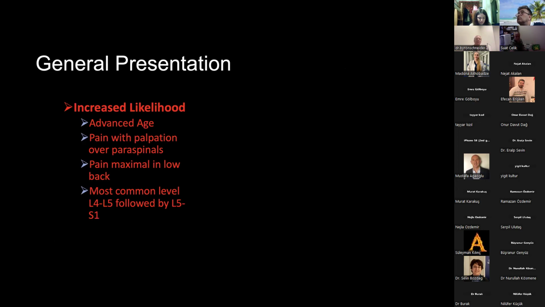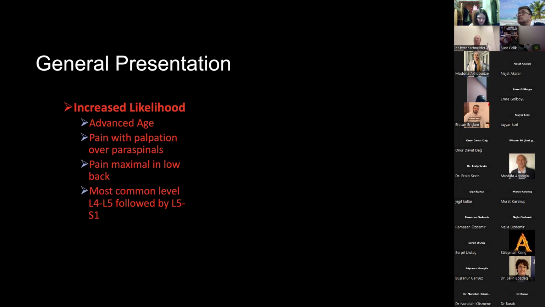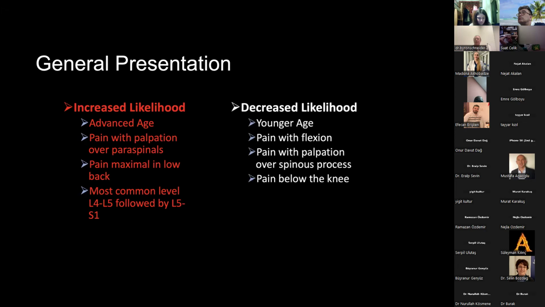The pain's going to be at least maximal in the lumbar spine, even if it's somewhat referring, and this typically occurs more in the lower lumbar spine at L4-5 or L5-S1. Conversely, younger patients that have flexion-based pain, patients that have midline pain over the spinous processes, or pain that radiates really distal to the knee are less likely to have facet pain.